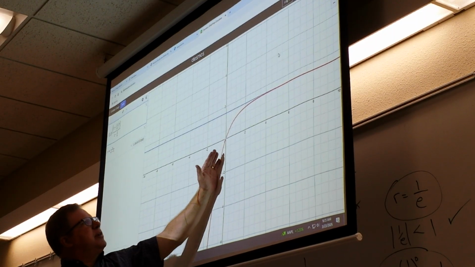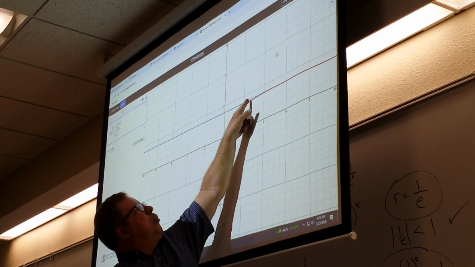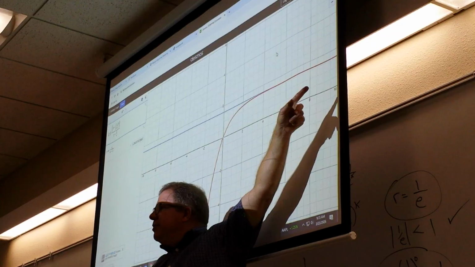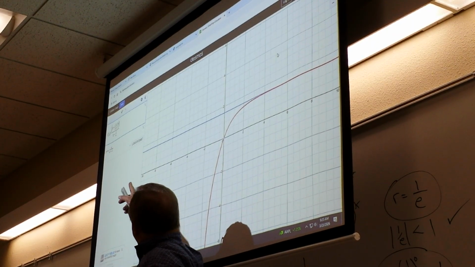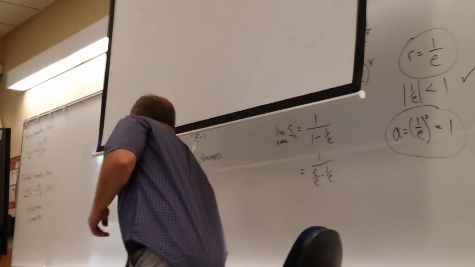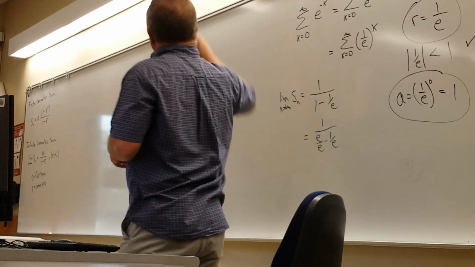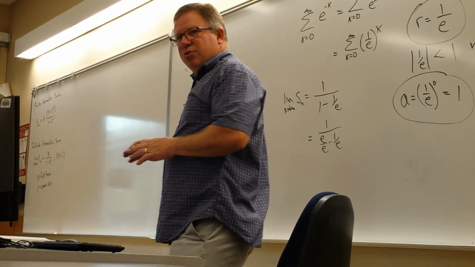Here's our sum, and it is converging with that horizontal line. You see that? Meaning its limit is e over e minus 1. Okay? Now, that was just to hopefully give you evidence that this is correct. True.